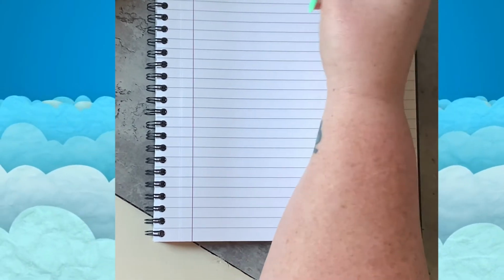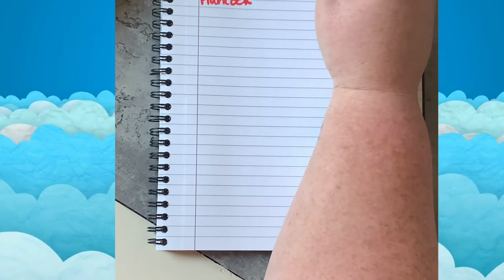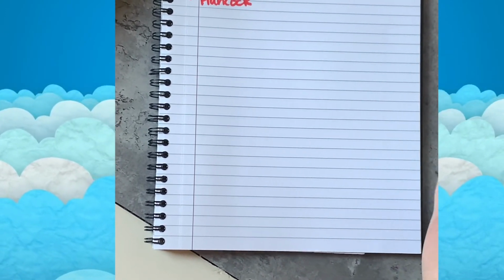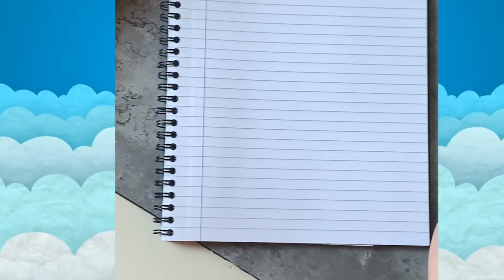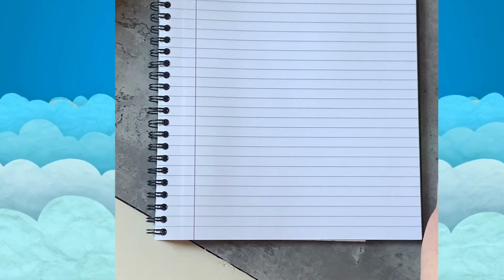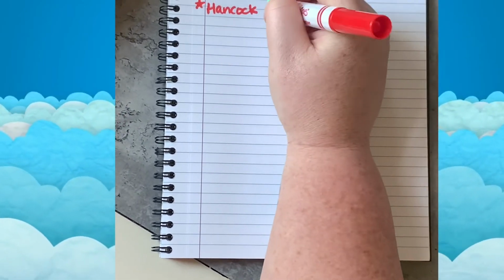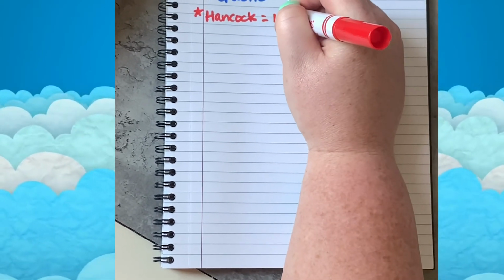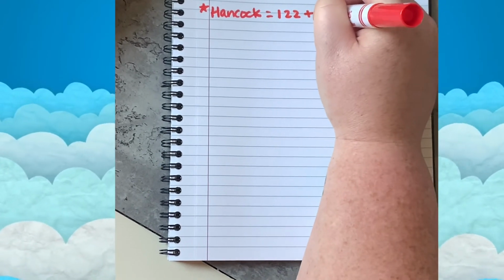So that means the Empire State Building is equal to 159 more than the Republic Building. The John Hancock Building in Chicago is 122 meters taller than the Republic Building. So the Hancock Building is equal to 122 meters more than the Republic Building.